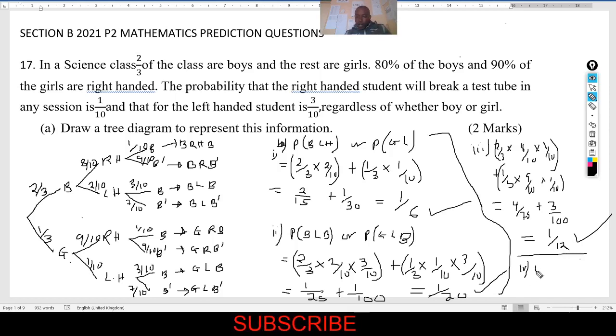So it is the same as 1 minus, you can do either way and you get the same answer. 1 minus 1 over 20, which we got here for breaking, plus 1 over 12 for the right hand side.